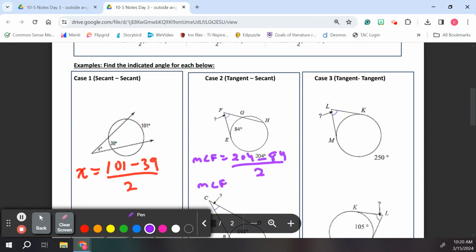Using your calculator, someone tell me, what does the measure of angle F equal? 60 degrees. Very nice.